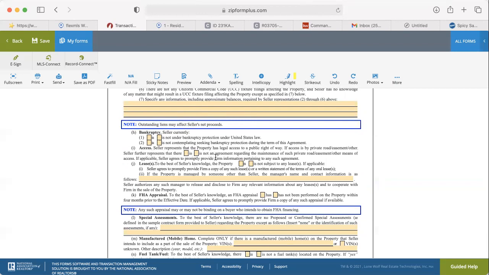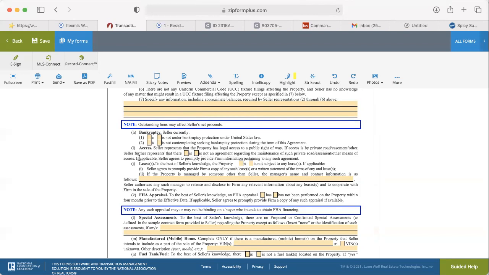Access: the property has legal access to a public right of way. If the access is private road, easement, or other, the seller further represents that there is or is not an agreement regarding the maintenance of such private easement or other means of access.